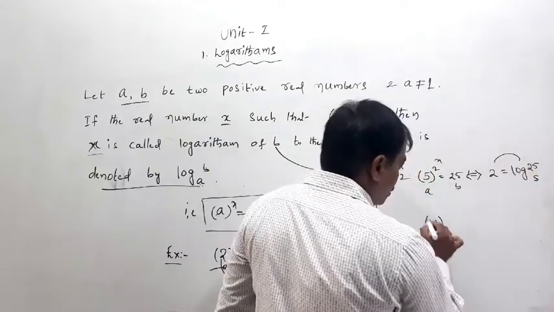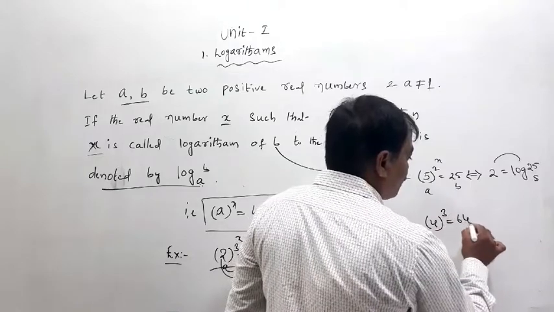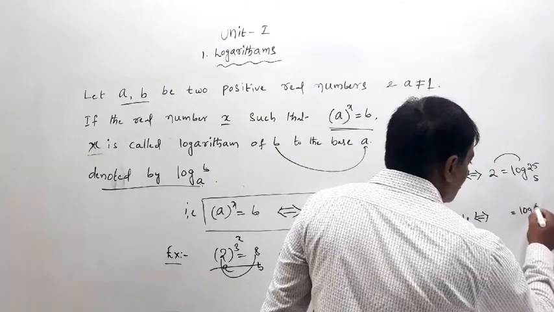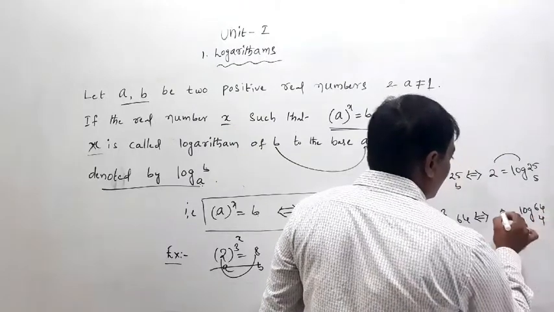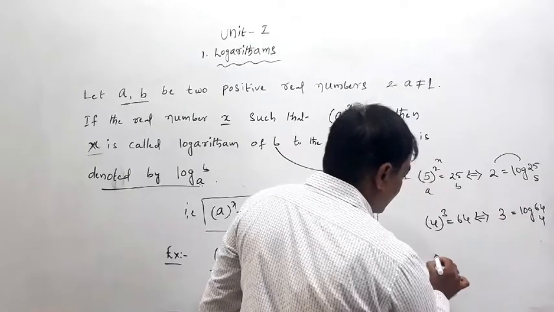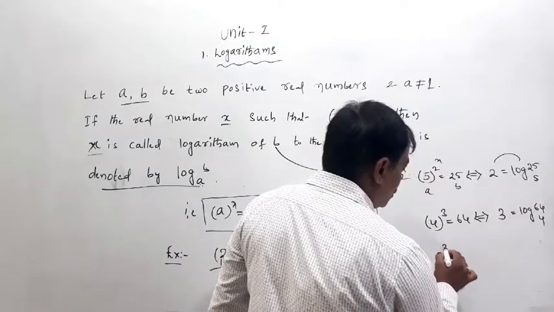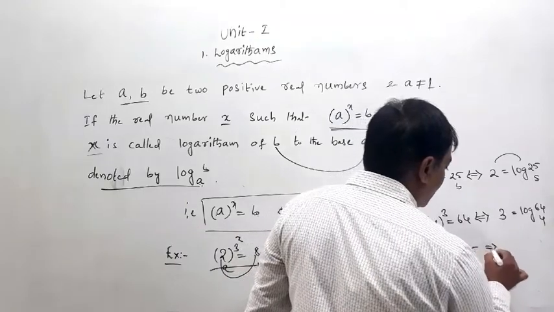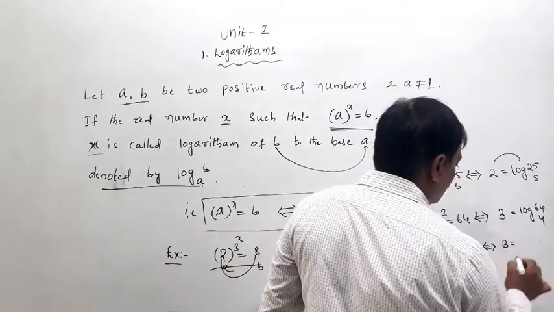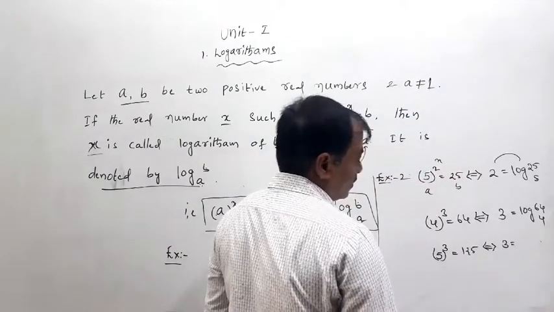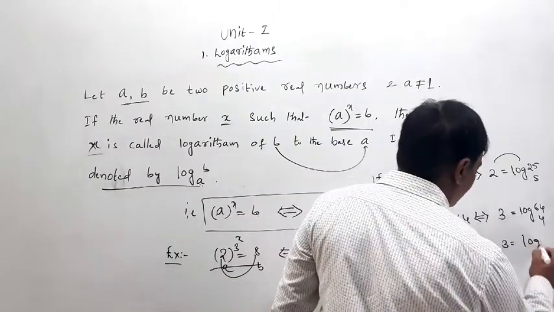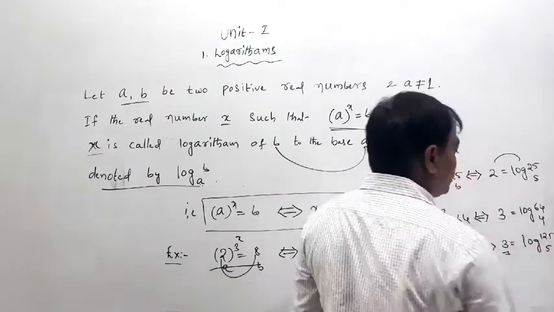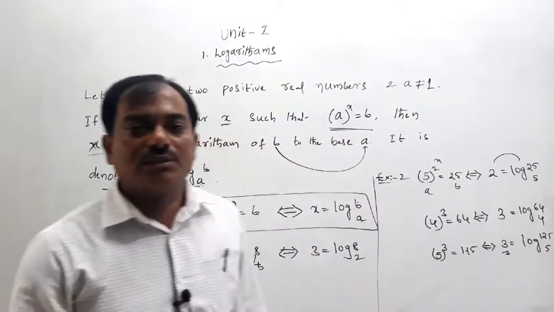And 4 cube equals 64 if and only if logarithm of 64 to the base 4 equals 3. And 5 cube is 125 if and only if logarithm of 125 to the base 5 equals 3. So these are the examples of logarithms.